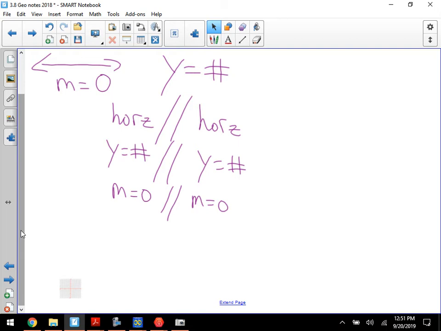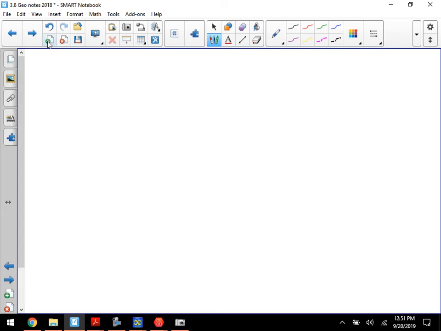All right. What's the slope of all vertical lines? We did that the other day. When you have a vertical line, well, they all have numbers.